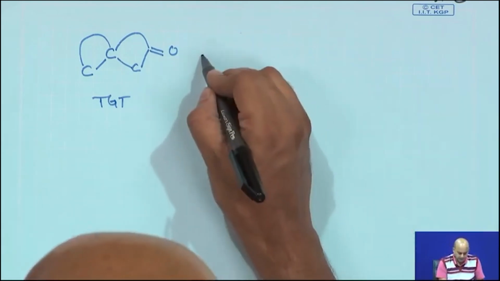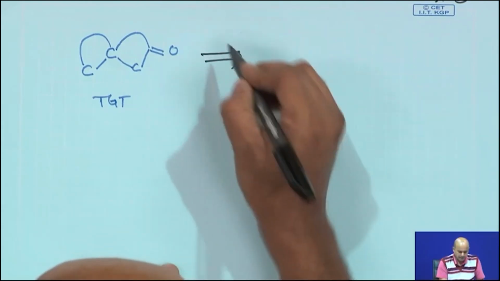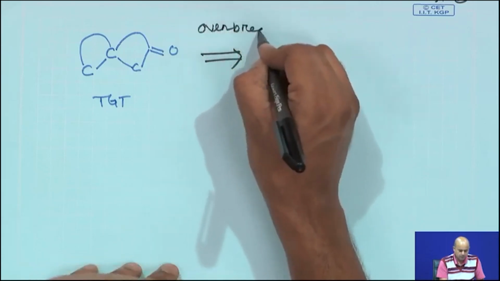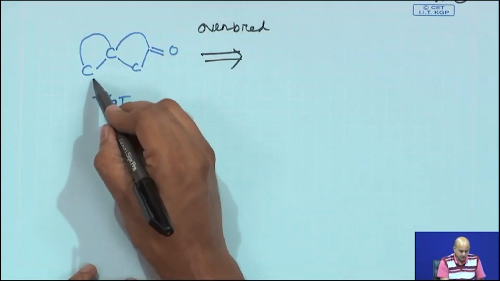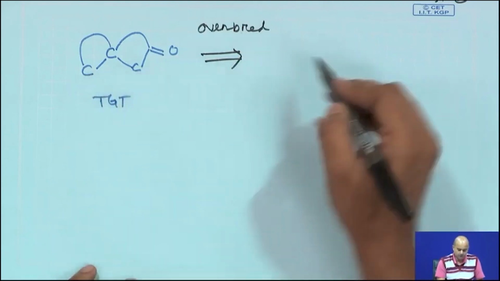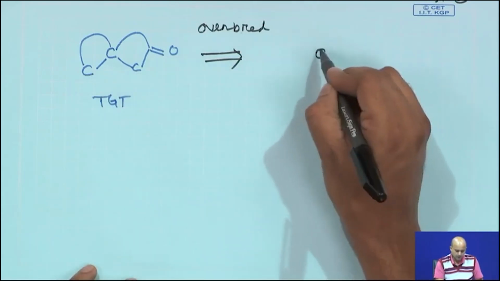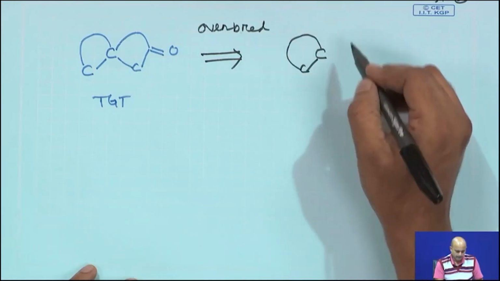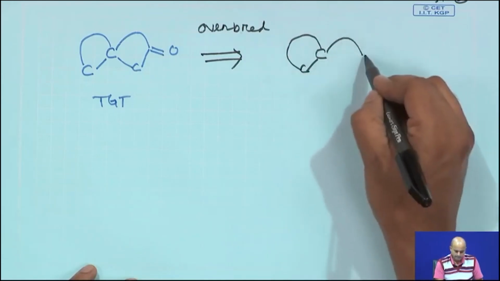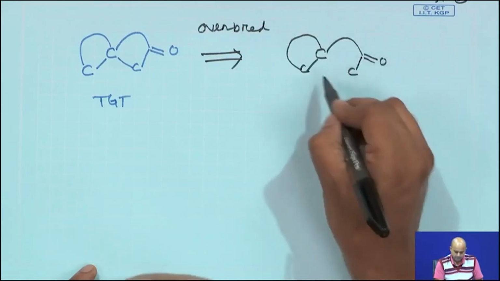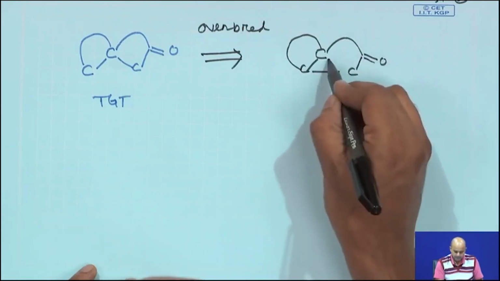Now, if you have to apply the concept of overbred, you first do the disconnection just by joining this carbon with this carbon, and see how the intermediate looks now.